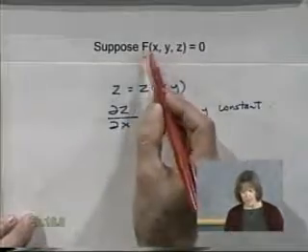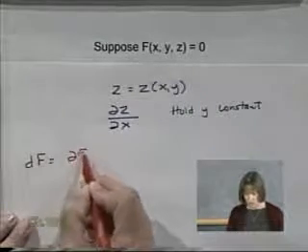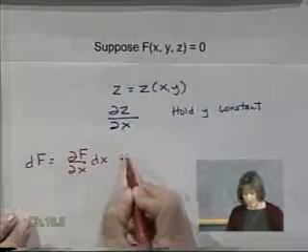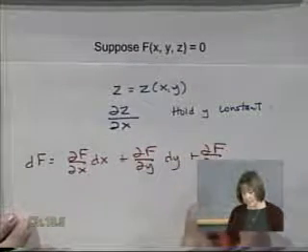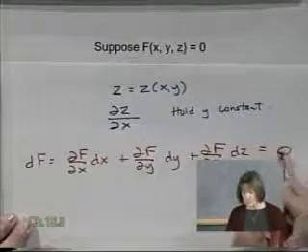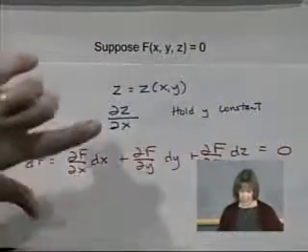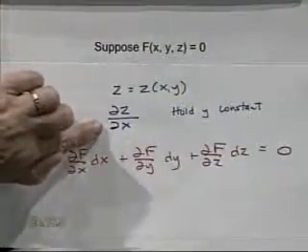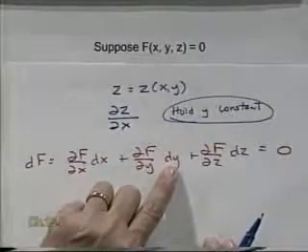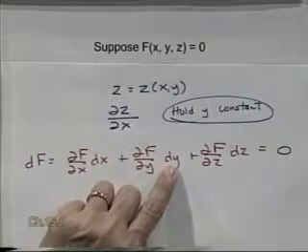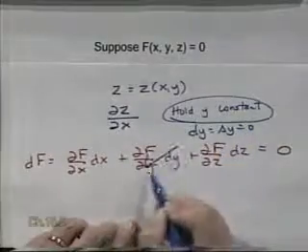I say, okay, if f is a function of x, y, and z, I know from last night's homework that df is partial of f with respect to x dx plus partial of f with respect to y dy plus partial of f with respect to z dz, and that is equal to 0 because f is equal to 0, so f is not a change-in. Now, if I wanted to figure out the partial of z with respect to x, since y is being held constant, what does dy equal? 0, because y is not a change-in. dy, which is delta y, is 0. So this is a big old 0.